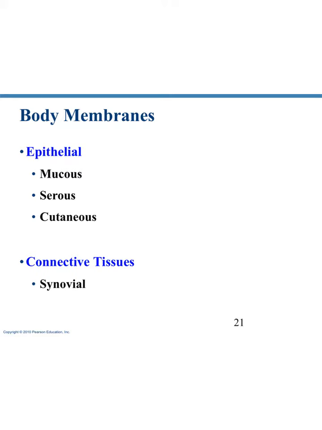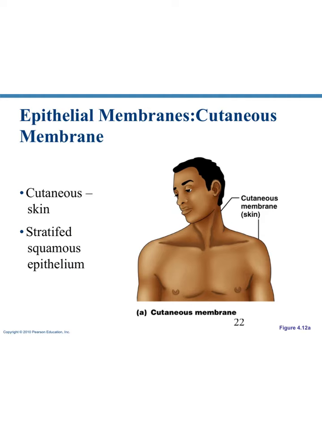Only 1 is connective tissue, and we'll actually discuss the synovial further when we get to joints, which is after the skeleton. So differentiating between these types of membranes, one of the types of epithelial membranes is called the cutaneous membrane. Cutaneous refers to skin, and specifically the skin is comprised of stratified squamous epithelium. So again, stratified layers are going to give it function for protection.